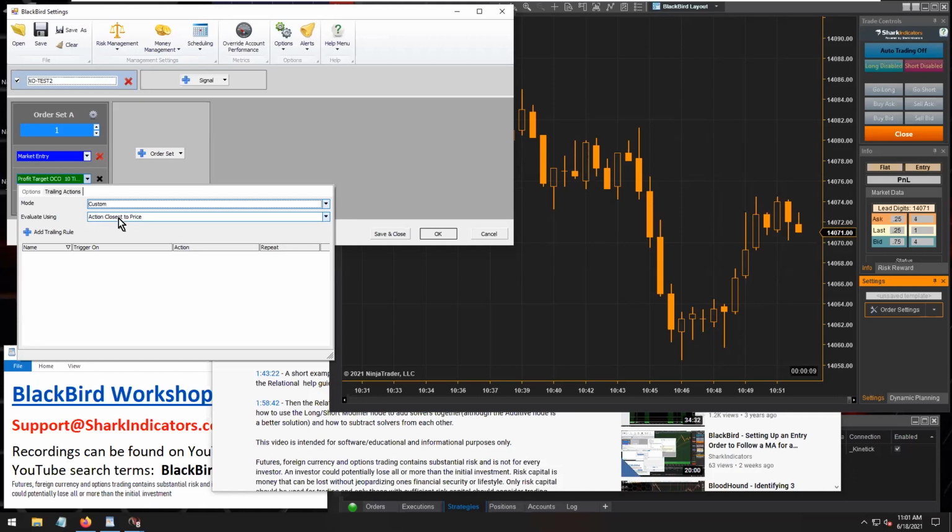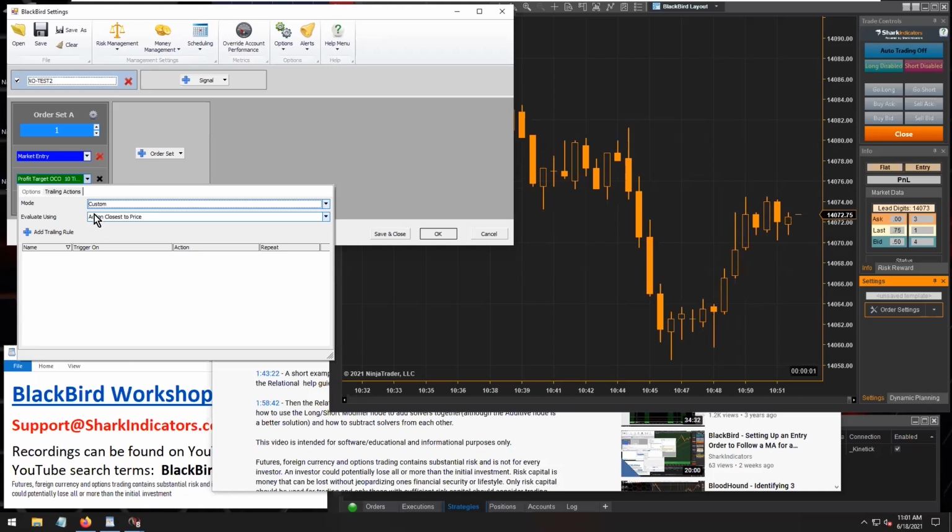So just replace the word action with the new order price: whichever new order price is closest to the market. So our evaluate here is already set to what we want for pulling in a profit target, and we're going to add a new trailing rule here.